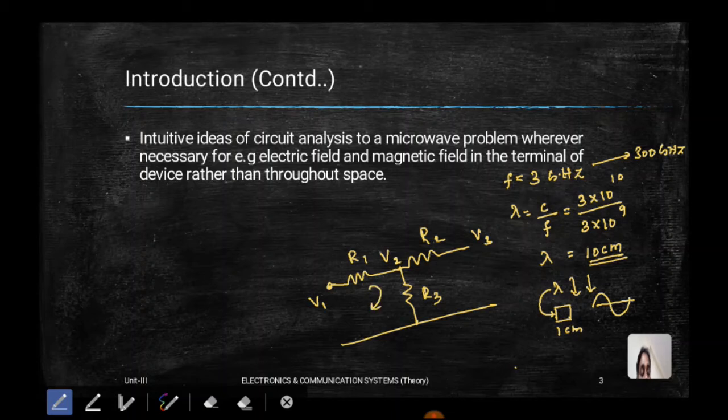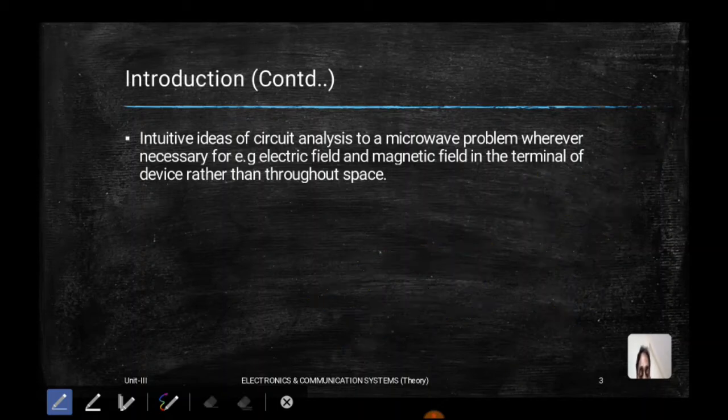The current is going to change. I should know exactly the voltage and current at each node to apply KCL and KVL. That is not possible at higher frequency, so we have to find a solution. How do we solve this network for voltage and current at higher frequency? We need to find out.